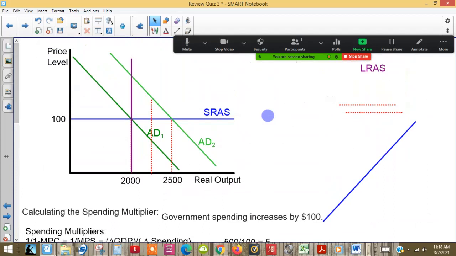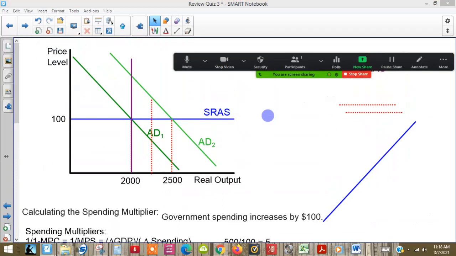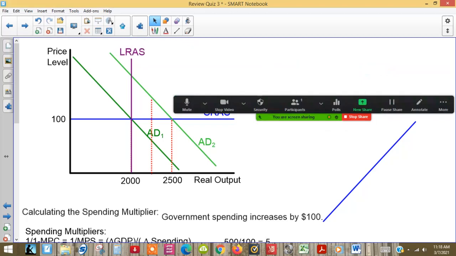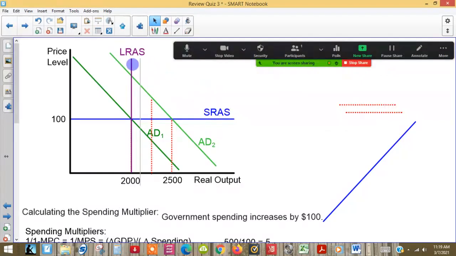And if we're actually operating here, and wages and prices are perfectly flexible, that implies a perfectly inelastic aggregate supply, which is what the long run aggregate supply looks like.